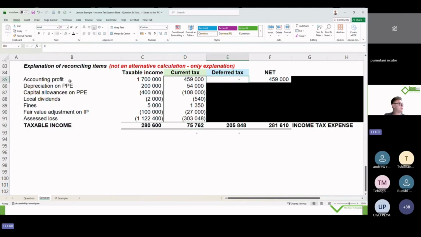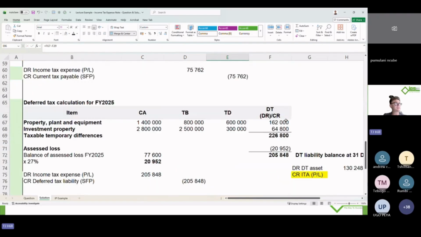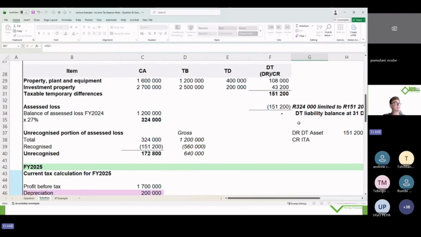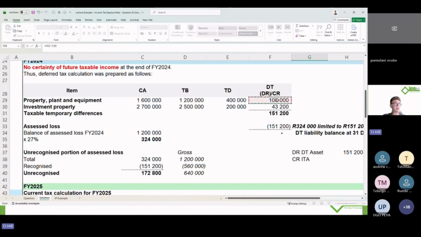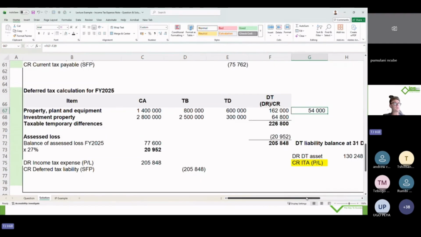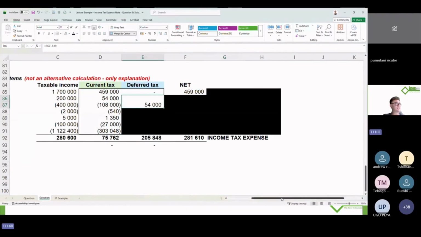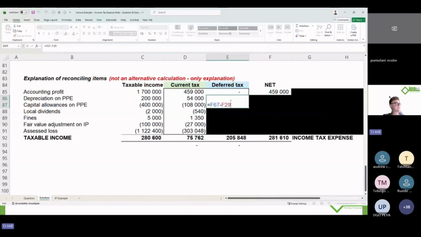Deferred tax on PPE was what? It was the movement. So if I look at the movement, it's this year's balance, 2025 balance, minus last year's balance, which gives me an increase of 54. Okay, that's what I'm putting in here. Do you see that?